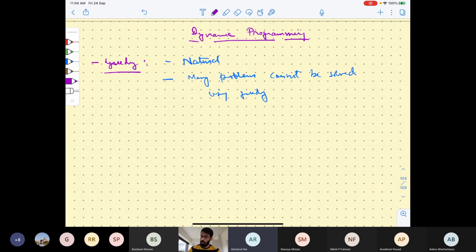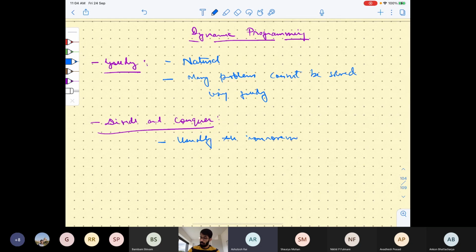The second technique that we saw was divide and conquer, which was again good, but the problem was that we had discussed in the first lecture that usually the improvement is within polynomial time.